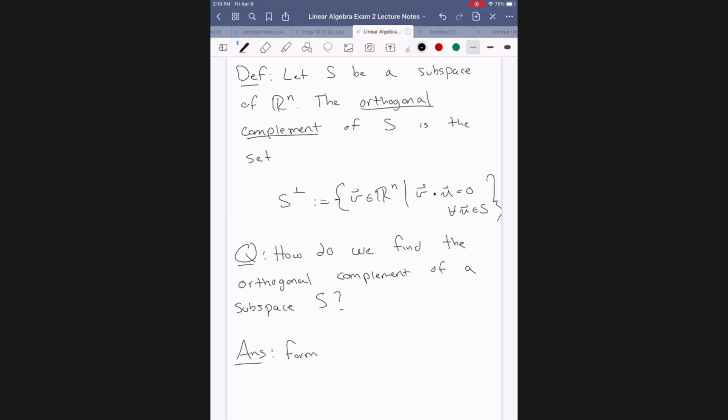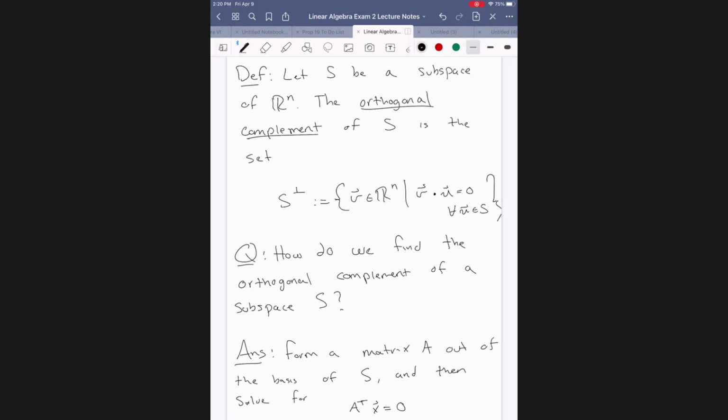So the answer is this. Form a matrix A out of the basis of S, and then solve A transpose times x is equal to 0.